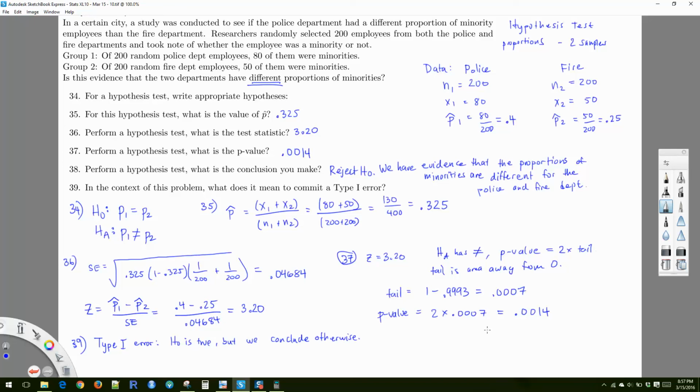So in the context of this problem, the null being true means the proportion of minority employees is the same at both the fire and police departments. So this would mean, in truth, both police department and fire department have the same proportion of minority employees.